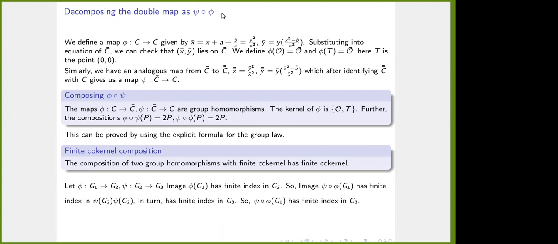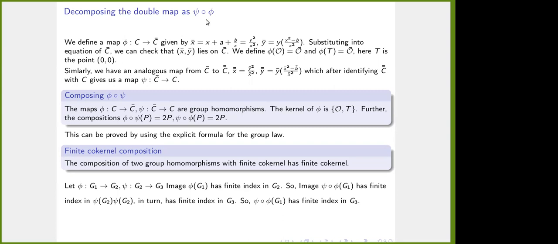The main goal is to show that phi and psi have finite index. And because I haven't used anything particular about phi and psi, if you check that psi has finite index, that will automatically prove that phi has finite index, because this map is not dependent upon any particular elliptic curve. Maybe it's even functorial in the elliptic curve, for whatever that means.